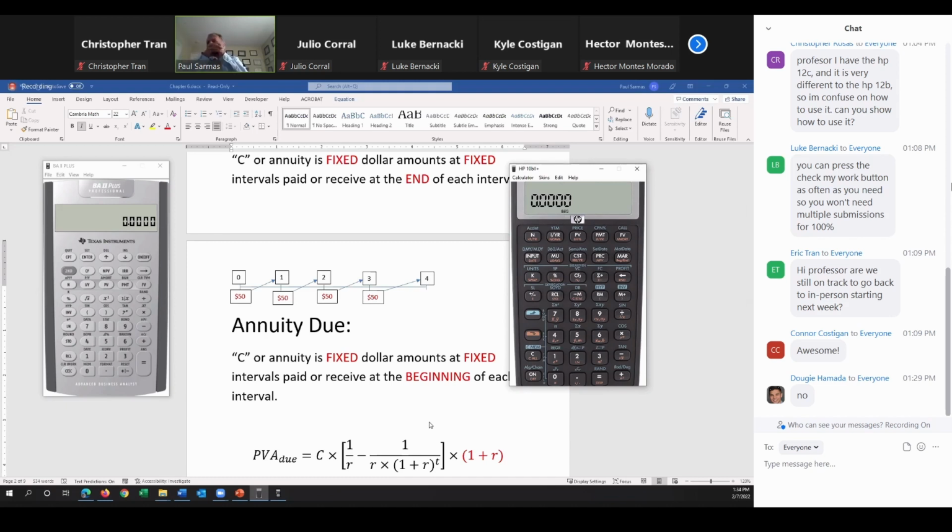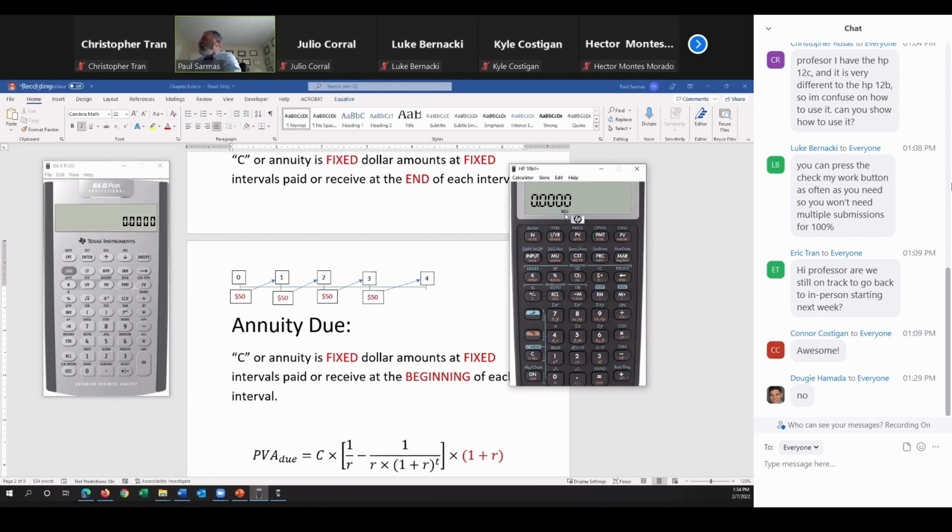I don't want you to do that. I'm going to show you, but I don't want you to do that. The way you change it, for the 10B, you do the orange key and MAR on your calculator. Do this, orange key, MAR.